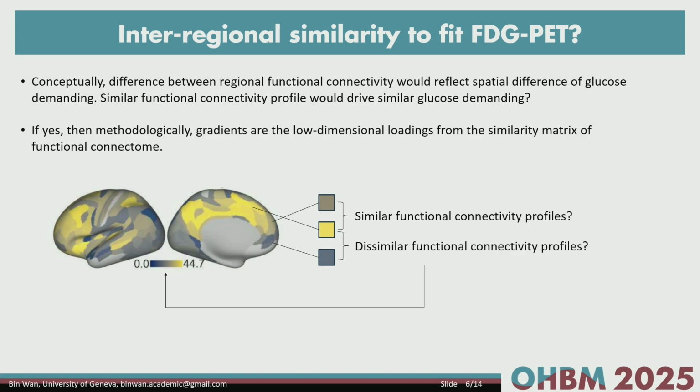Conceptually, differences between regional functional connectivity would reflect the spatial difference of glucose demand, and similar functional connectivity profiles could drive a similar glucose demand. And if yes, then methodologically, the low-dimensional gradients from the functional connectome similarity across the cortex can reconstruct the FDG map, if it's true.